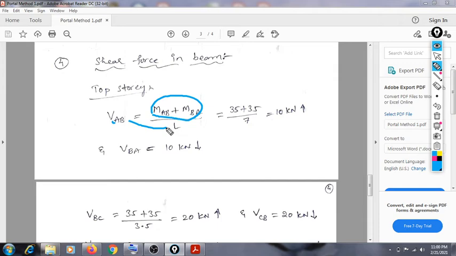In the same manner, for beam AB, the sum of the moments of the same beam from either ends divided by its length, not the average, this is the length, gives the shear force, that is 10 kilonewton, and V_BA will be 10 downwards.